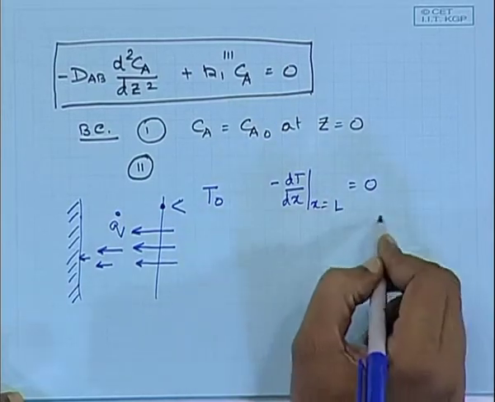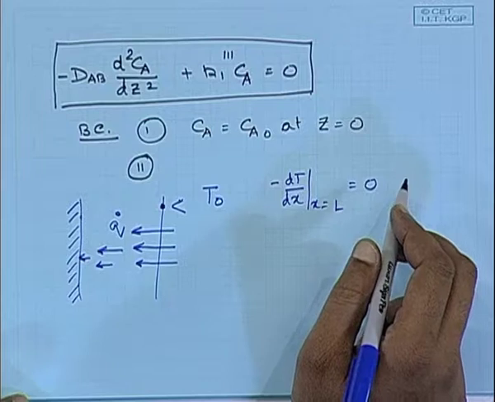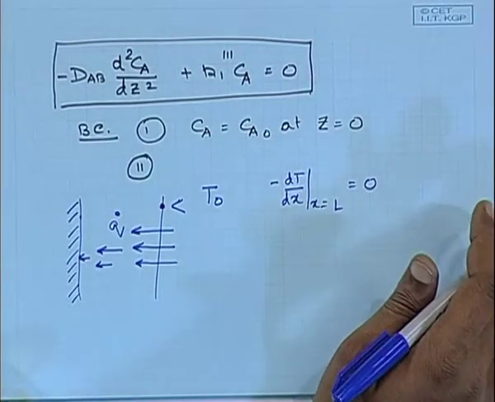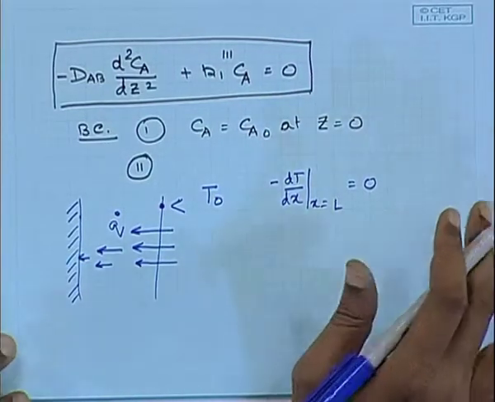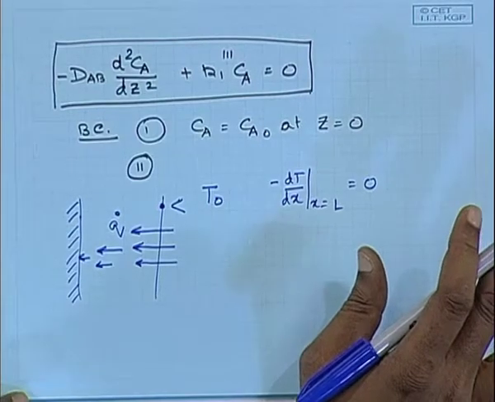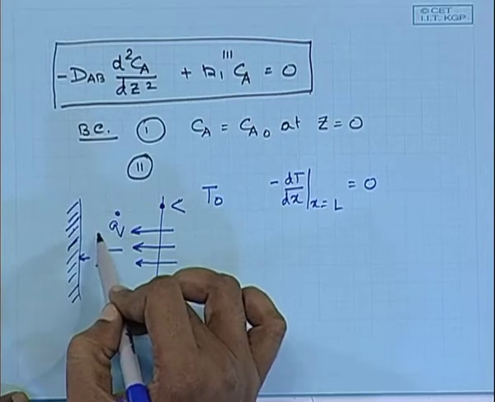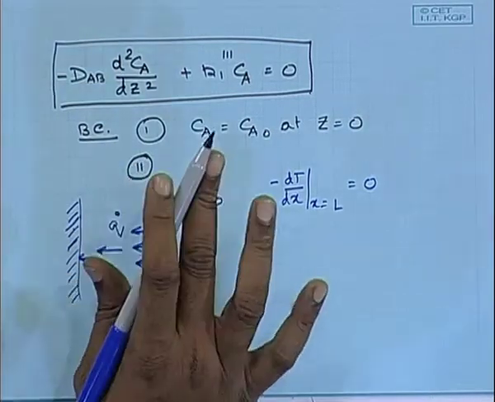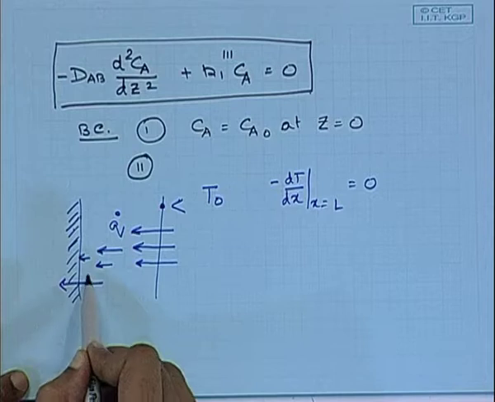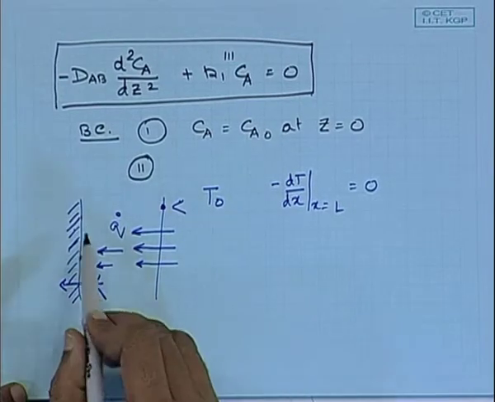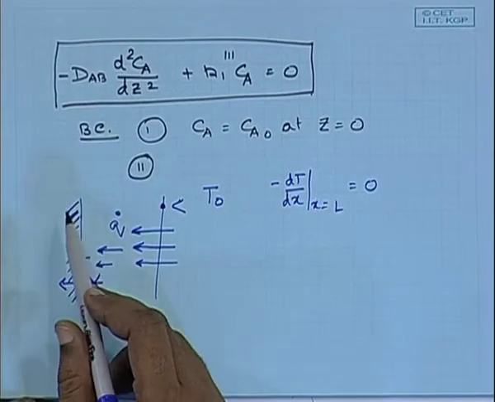What is the physical statement of this condition? If it is an insulated surface, what can you say about the heat flow through this wall? It is 0. So, there is no heat flow through this surface. It is going to act as an adiabatic surface.